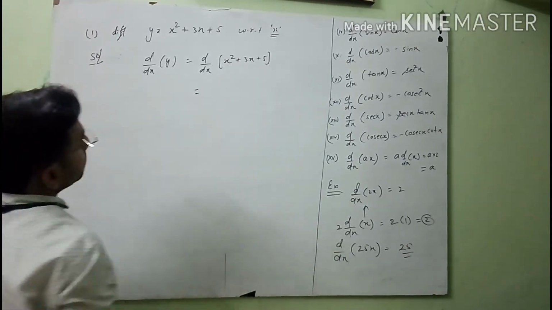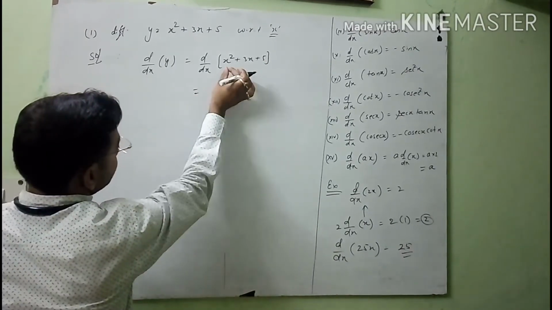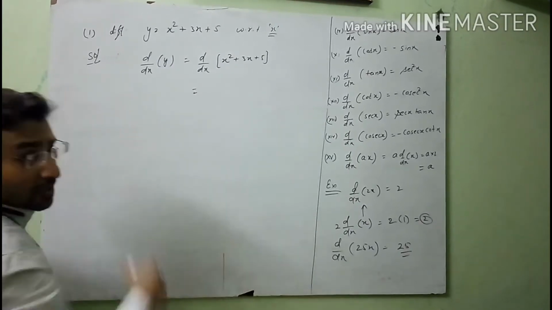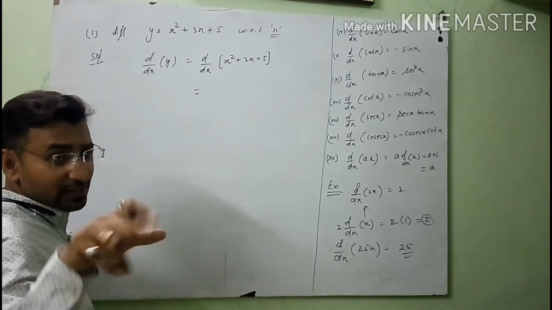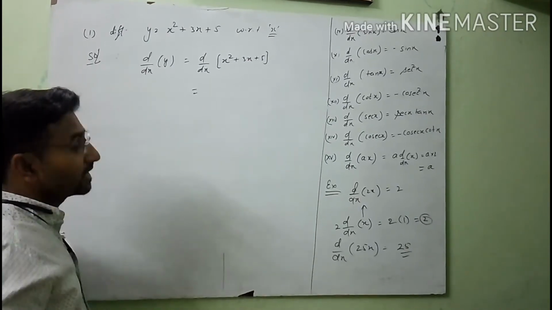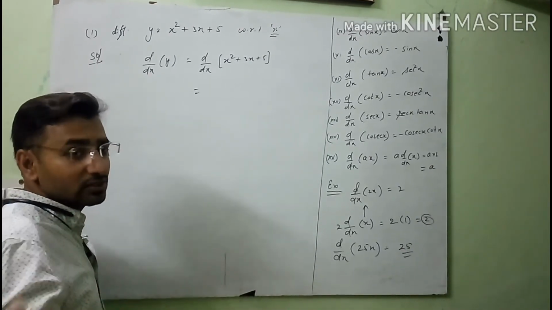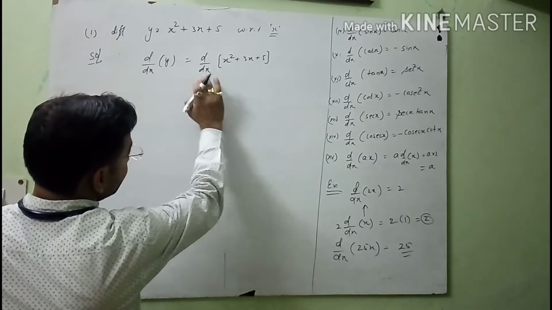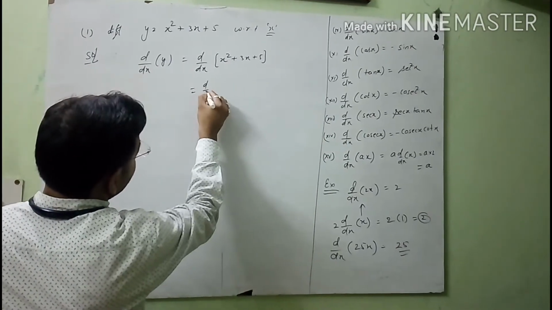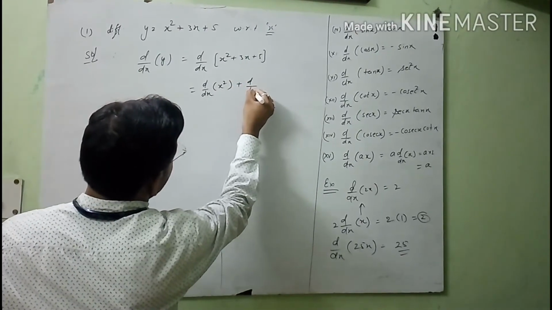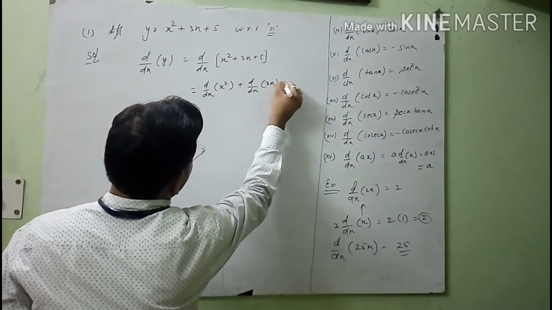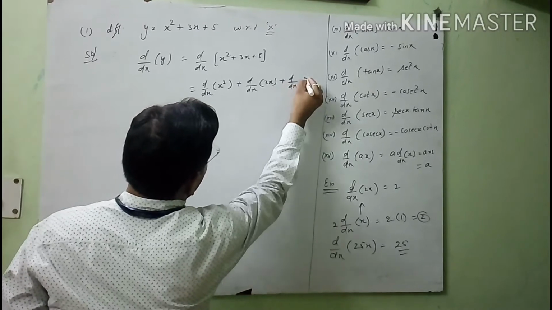Then you will separate this with the help of the operational formula which I have written previously: d upon dx of fx plus minus gx is equal to d upon dx of fx plus minus d upon dx of gx. So first of all we will separate this like that: d upon dx individually of x square, then d upon dx of 3x, then d upon dx of 5.